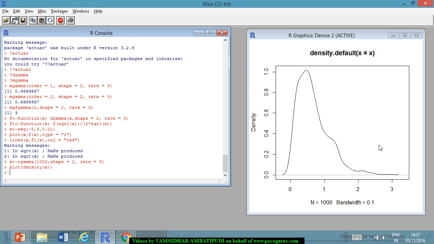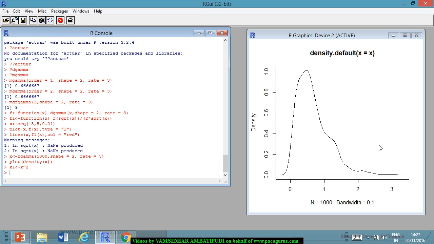So these are the x values. Now what I will do, I'll take x1, which is nothing but the square of x, because I'm plotting for x squared. That is what I'm calling x1.